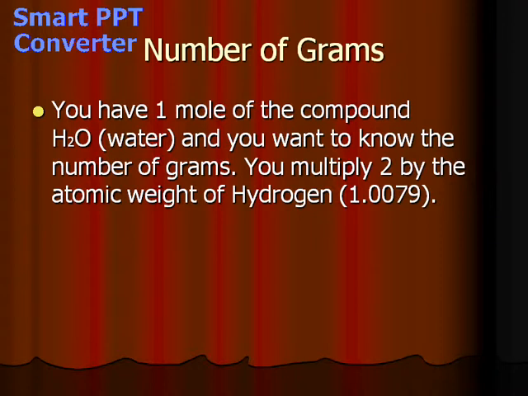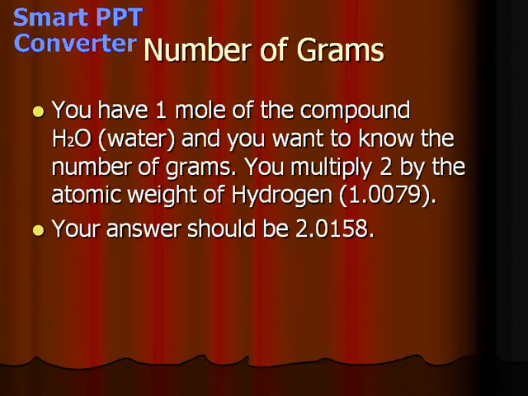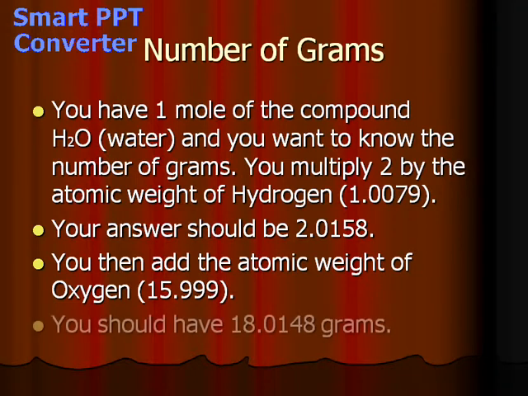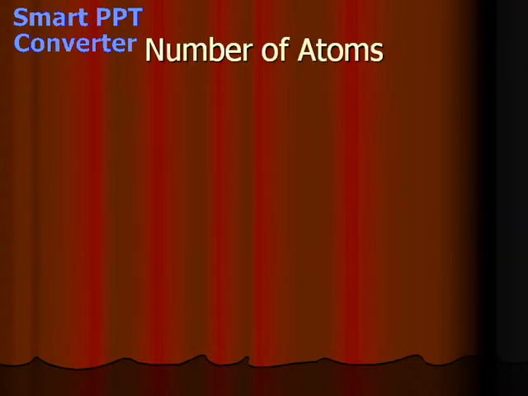You multiply 2 by the atomic weight of hydrogen, which specifically is 1.0079, and you should get 2.0158. You then add the atomic weight of oxygen, which is 15.999. You should have 18.148 grams.